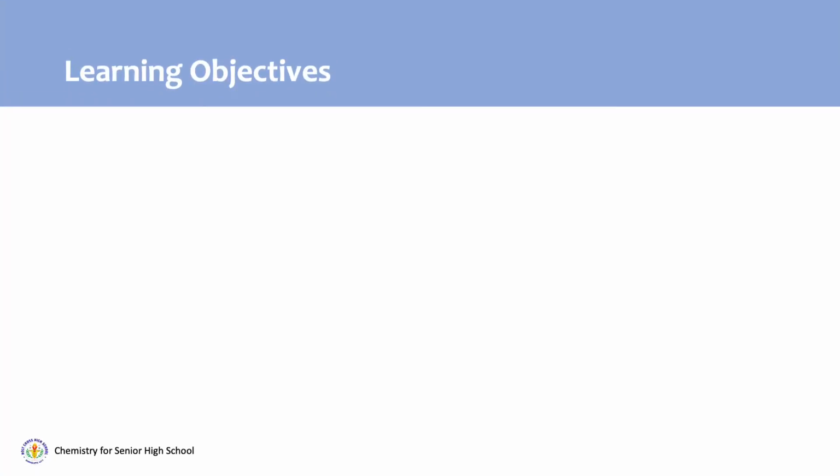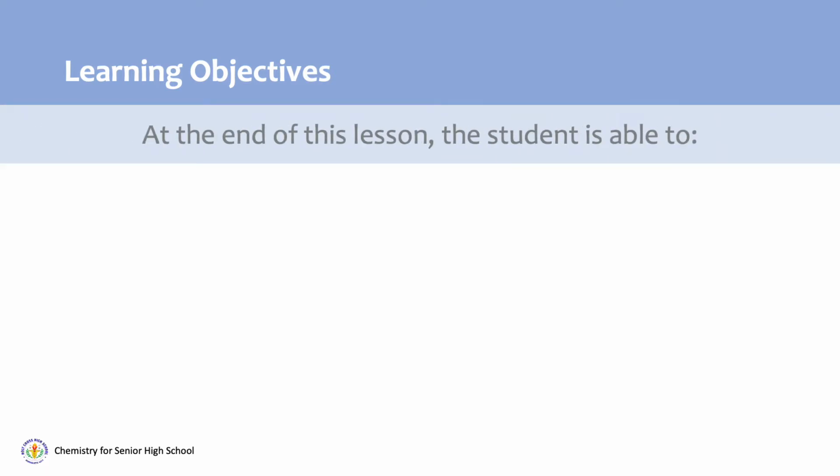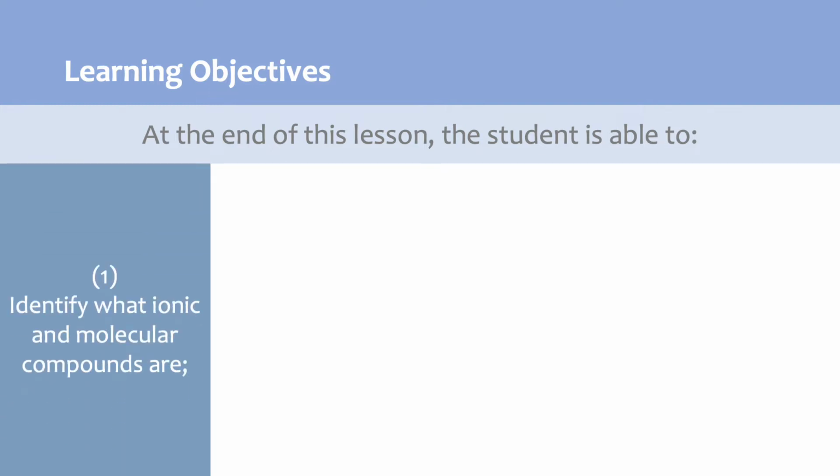Before we get to the lesson proper, let's talk about our learning objectives. What do we want out of this video? At the end of this lesson, the student should be able to, first, identify what ionic and molecular compounds are.